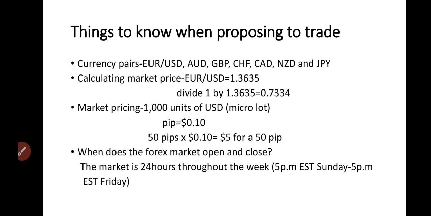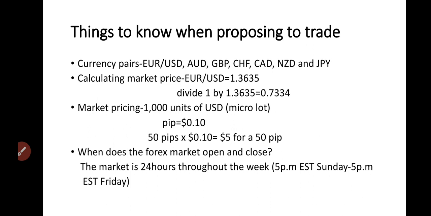So if the price of the Euro USD currency pair is 1.3635, can you see? This means that it costs 1.3635 USD to buy 1 euro.